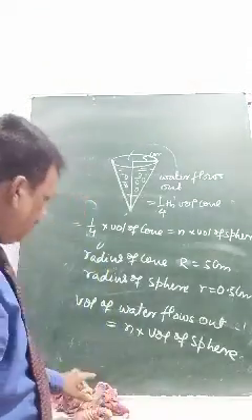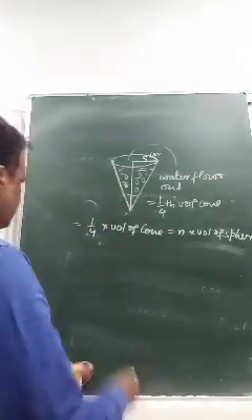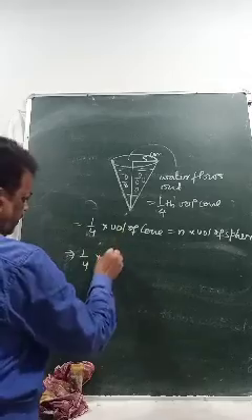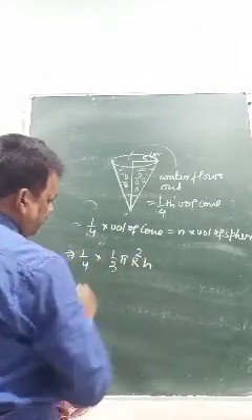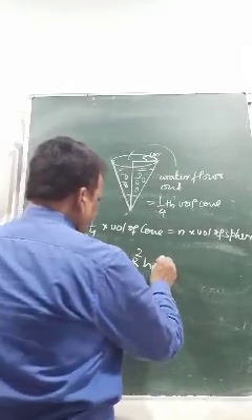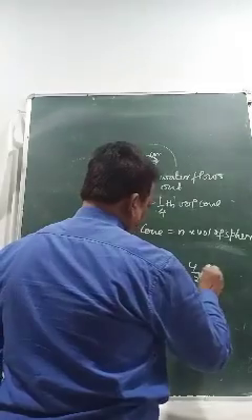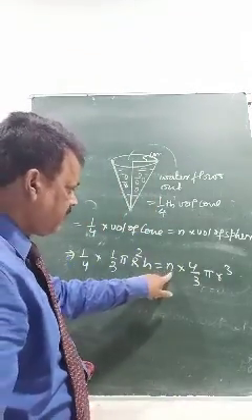Okay, then 1/4 volume is 1/3 pi capital R square h equals n into 4/3 pi r cube. Simple method you see. N you want to find out.